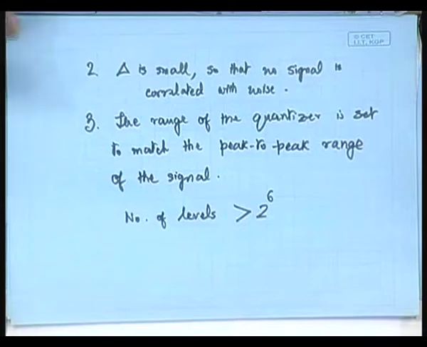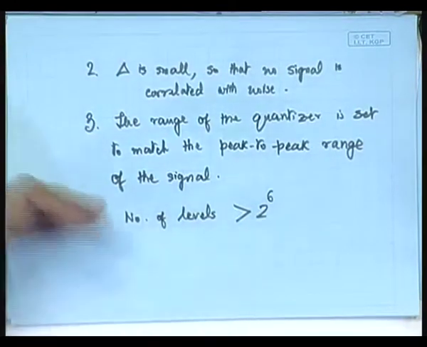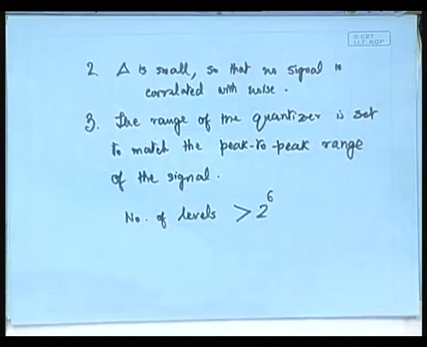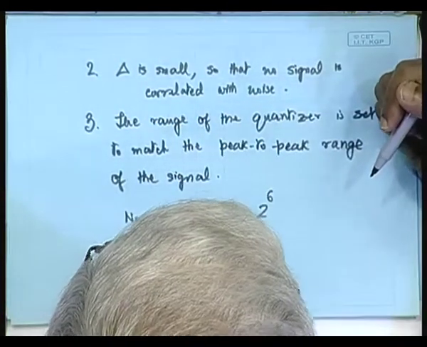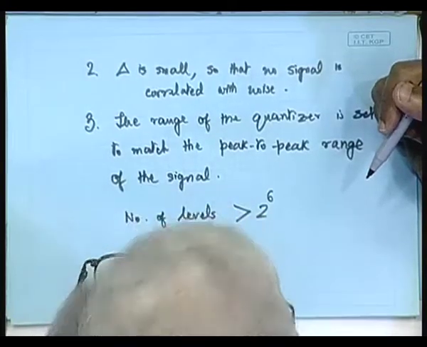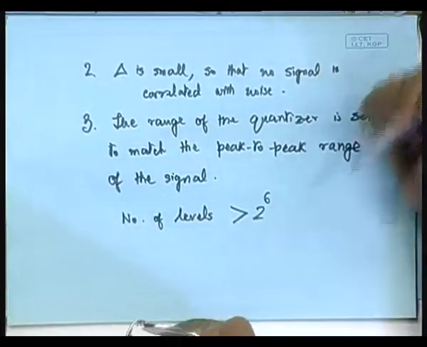So, taking the speaker to speaker variation and the voiced to unvoiced signal level variation into consideration, these two factors lead to the fact that we really have a very tough task in fulfilling property number 3, because property number 3 says that the quantizer is said to match the peak to peak range of the signal, but for which signal?